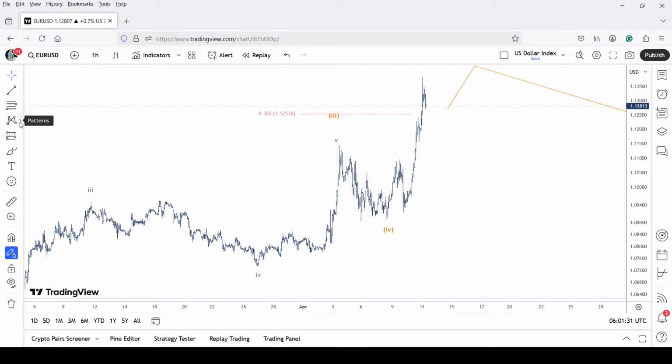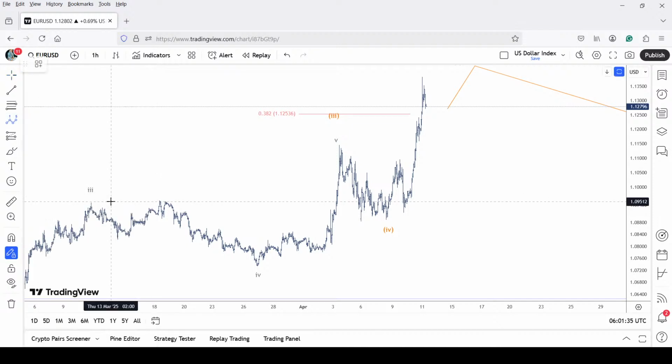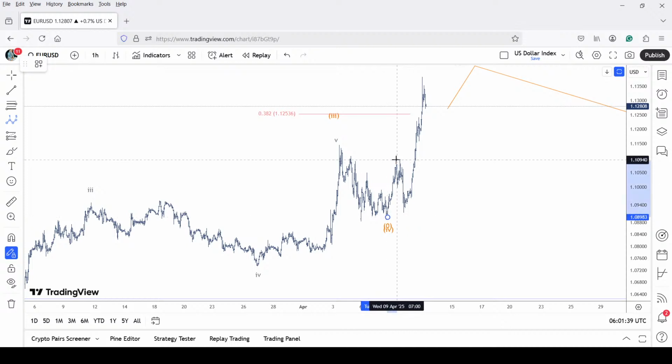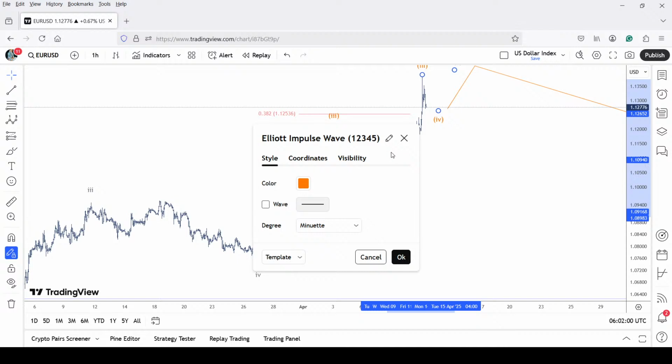So if you want to label this chart at one lesser degree, we can do that on the hourly chart and keep it here as well. The visualization looks like the sub-minute wave 3 completed, and we are now producing the sub-minute wave 4 before wave 5 pushes higher towards the 1475 mark.